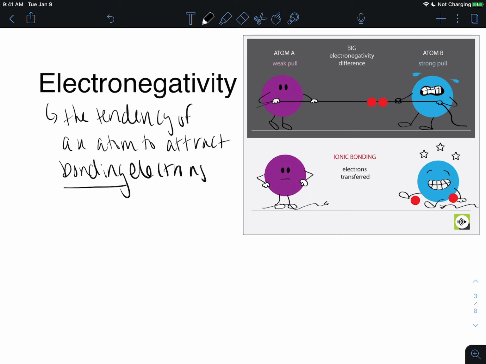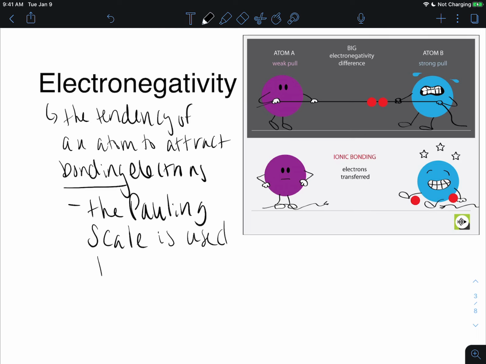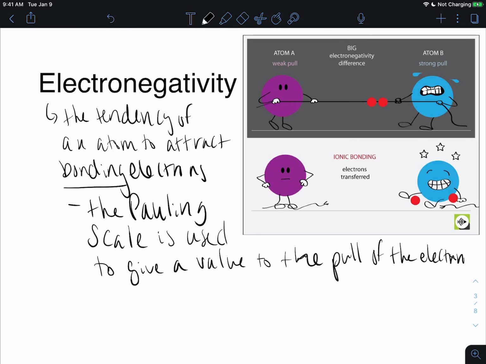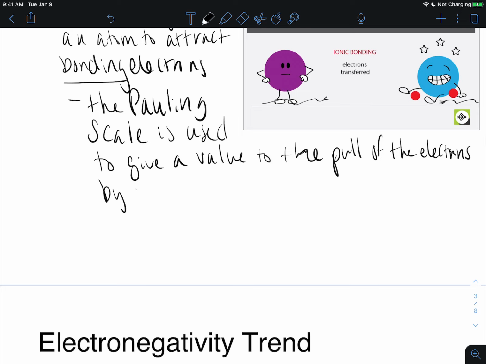And the scale that we use to show that tendency is called the Pauling scale. It's not the only scale that's used, but it's the one we're going to be using in this class. So it gives a value to the pull of the electrons by an atom in a bond.